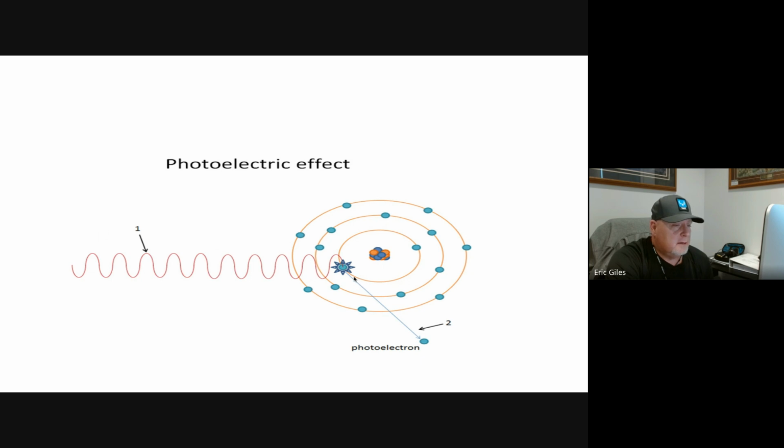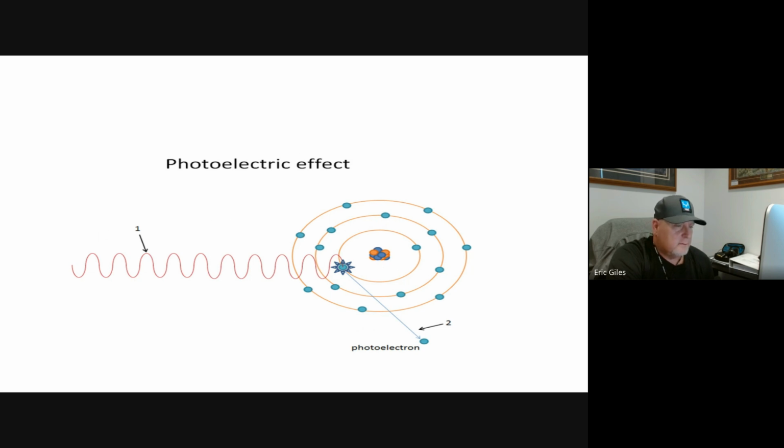It hits it square on and releases a photoelectron, and that's what we get our image from. Well, one part. We also get bremsstrahlung radiation as well. But for the photoelectric effect, you need to remember that it hits the inner shell and reacts, and what is released is the photoelectron.